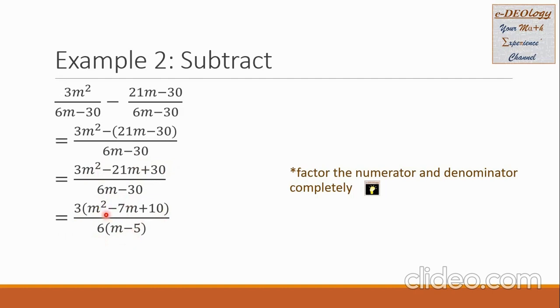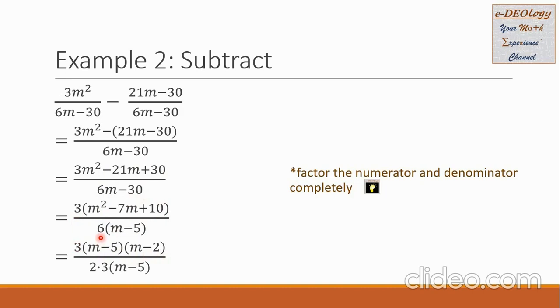But the trinomial m squared minus 7m plus 10 can still be factored. So we will factor it again into m minus 5 times m minus 2. We just copy the number 3 down here.